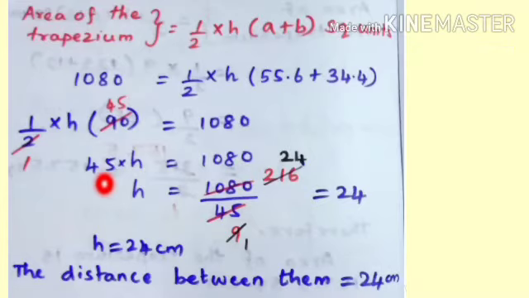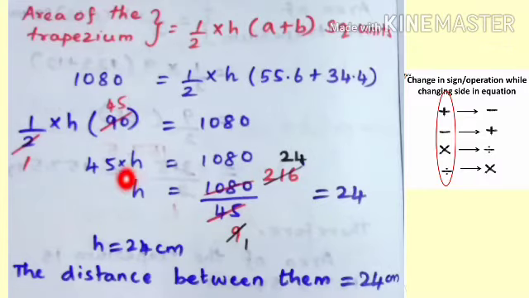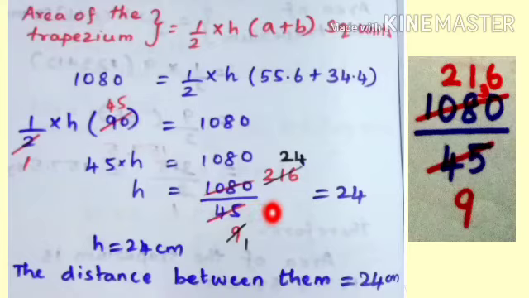Now this 45 is in product with h, so when it crosses the equal to sign, it becomes 1 by 45. That is 1080 divided by 45. Now cancelling 1080 and 45 by using the fifth table, in the numerator it is 216 and here it is 9.